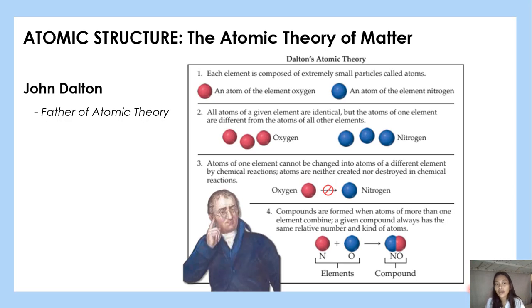Now, the third postulate supports the law of definite proportions and gave rise to the law of multiple proportions, which we will be discussing on the next slide. And the fourth one also supports the law of conservation of mass. So that is Dalton's atomic theory, guys.